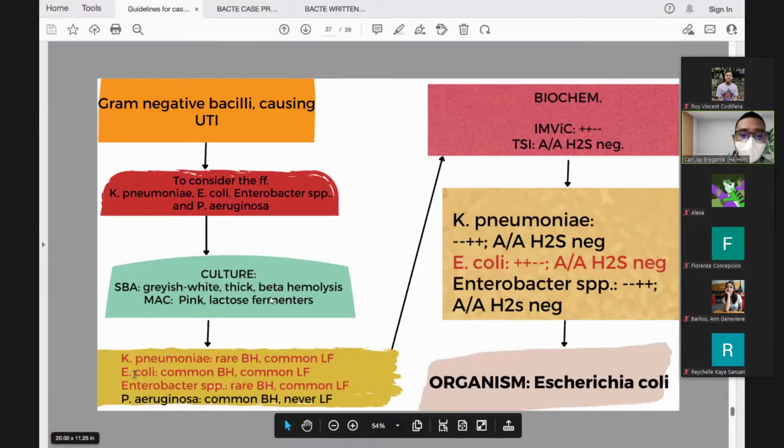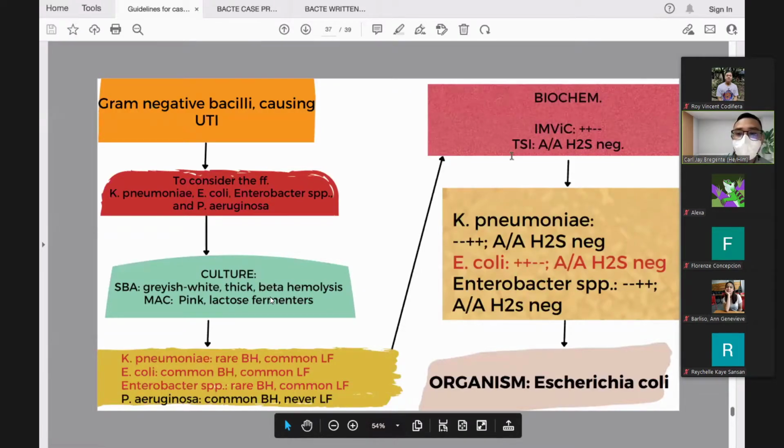E. coli is commonly beta hemolytic and a common lactose fermenter. Enterobacter is rarely beta hemolytic and a common lactose fermenter. Pseudomonas is commonly beta hemolytic but it is never a lactose fermenter. So here, Pseudomonas is already ruled out. Okay, so it's gone. You will only consider the 3 remaining bacteria.